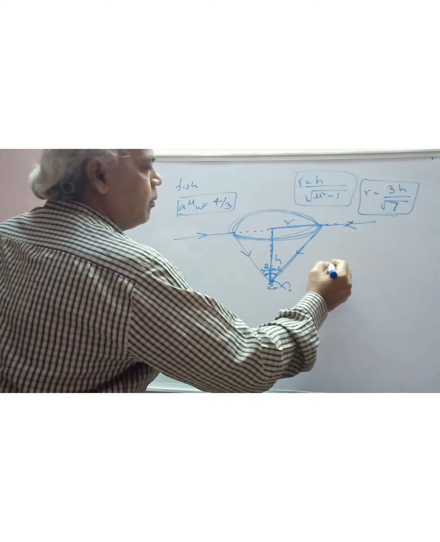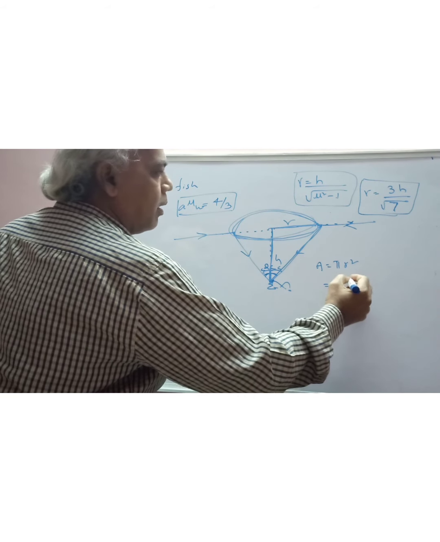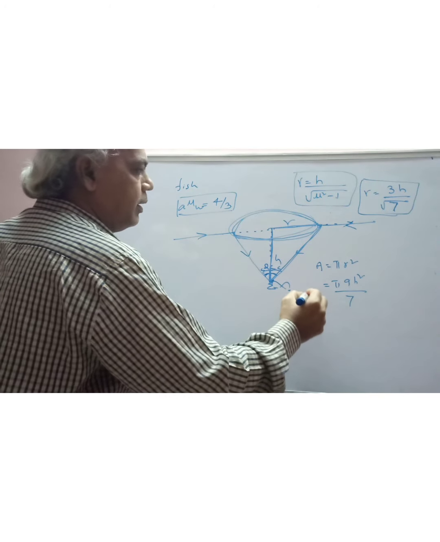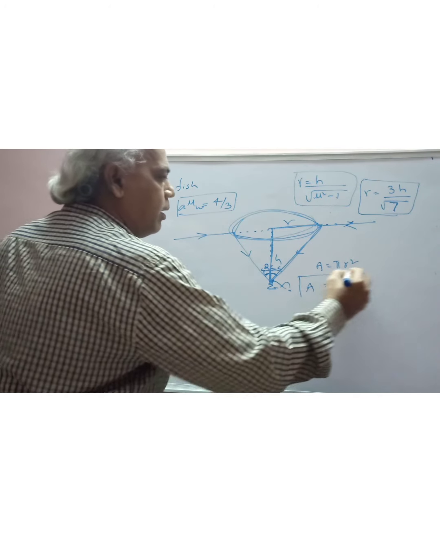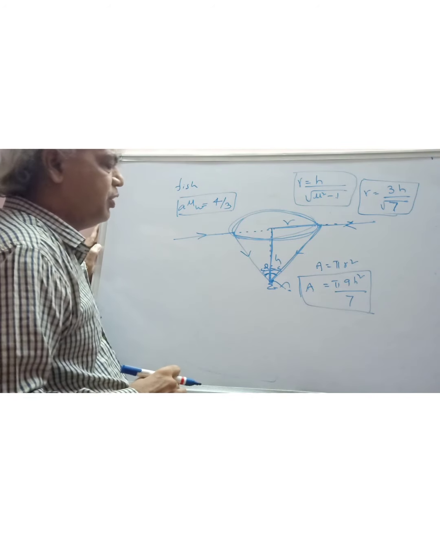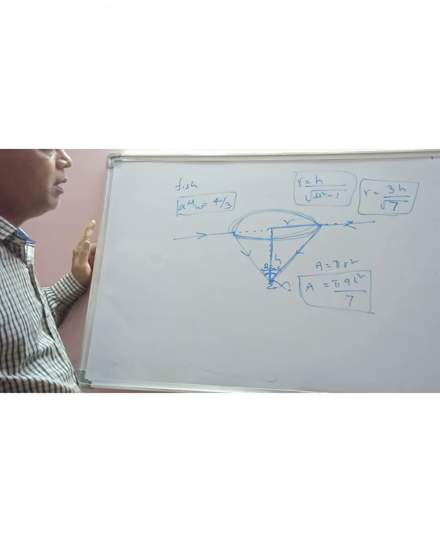A is equal to pi r square, that is equal to 9h square by 7. It is the area of the circle observed by the fish. It is the most important concept.